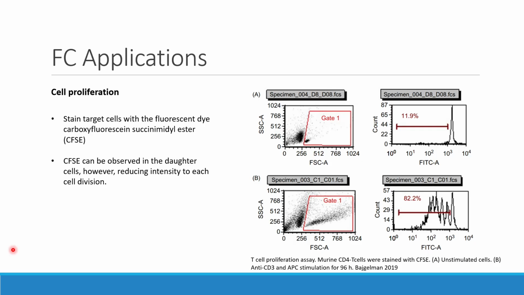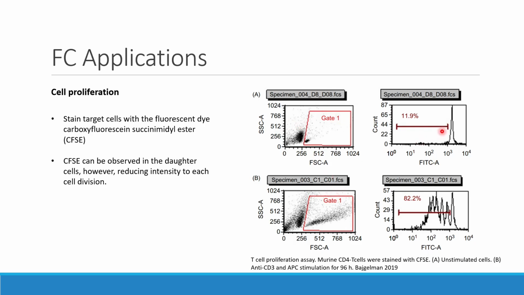This dye is covalently coupled to the cell and can be retained for a long period. Due to their high stability, the fluorophore can be observed in the daughter cells, however reducing in density with each cell division. In this way, it is possible to monitor the cell proliferation of CFSE-labeled cells. In the figure right panel, we can see CD4 positive non-stimulated T lymphocytes labeled with CFSE.